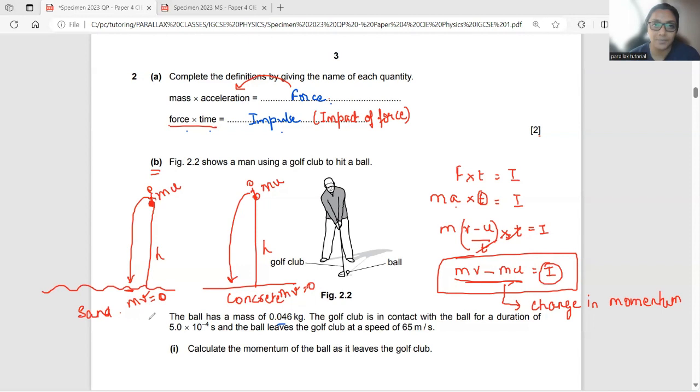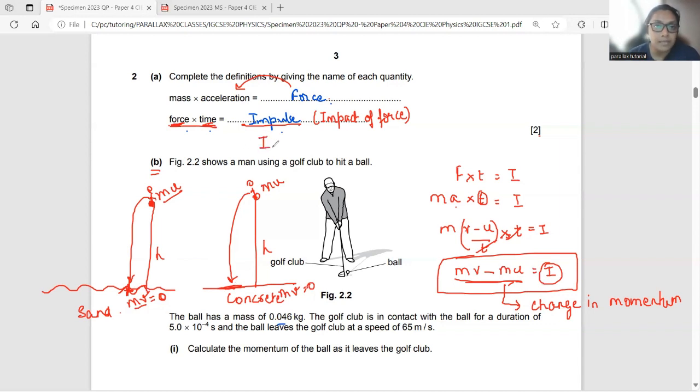Then what changes? We know that impulse is force into time. Now, because there is a sand floor, the change of momentum from mu to mv takes more time in a sand floor as compared to the change over here in the concrete floor. Because it's concrete, the change will be immediate, very less time.